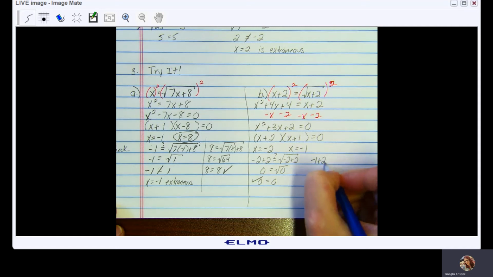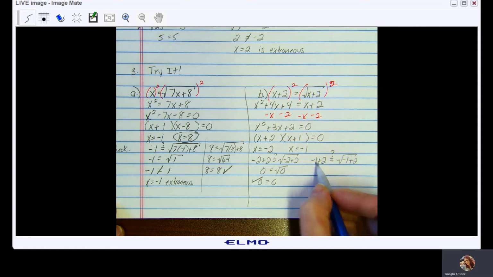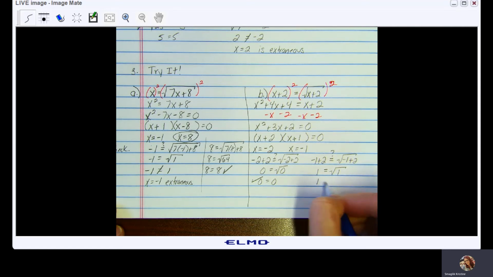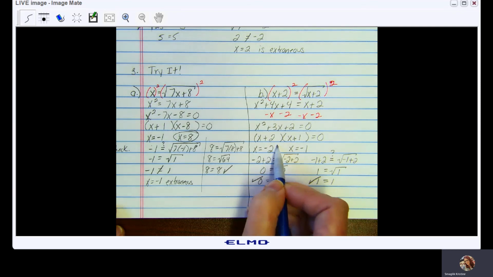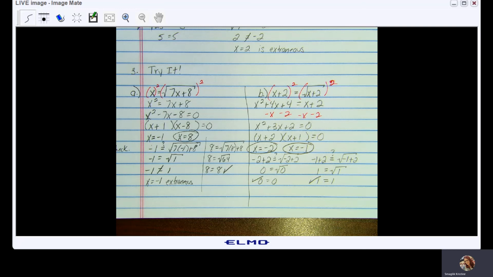Negative 1 plus 2, does that equal the square root of negative 1 plus 2? Negative 1 plus 2 is 1, equal to the square root of 1. 1 equals 1. That is also true. So in this instance, both of these solutions work. There are no extraneous solutions in this problem.